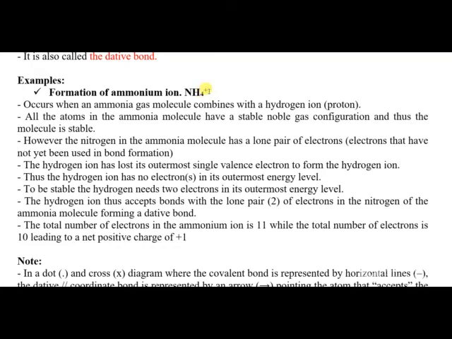Any compound you see that contains a positive charge, don't think twice. That one will undergo dative bonding. It will go covalent and then finally dative. So whenever you see a compound with a positive charge, remember that compound will undergo dative bonding. So that's one of the things you must check.